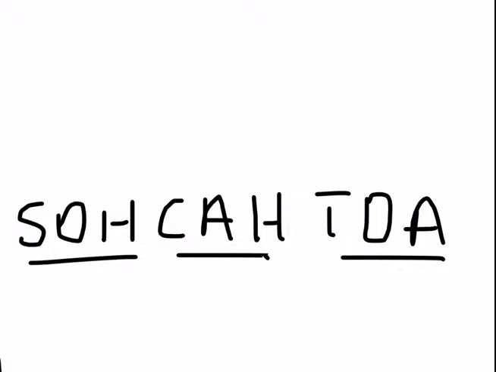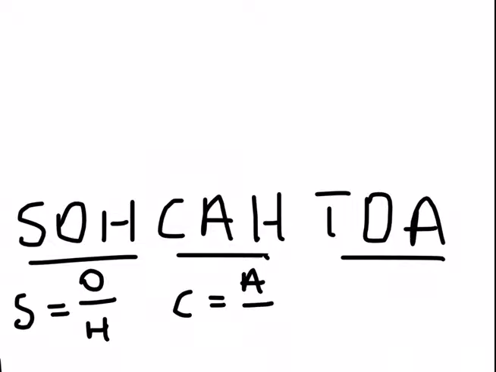So S stands for sine, which is the ratio of O over H, opposite over hypotenuse. C is the ratio of A, adjacent, over H, hypotenuse. And T is the ratio of O, opposite, over A, adjacent.